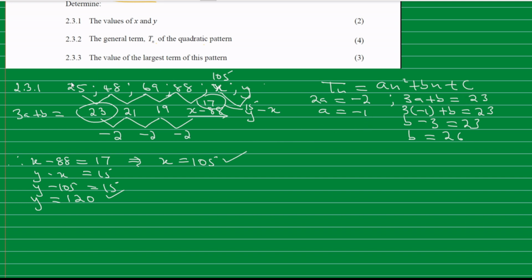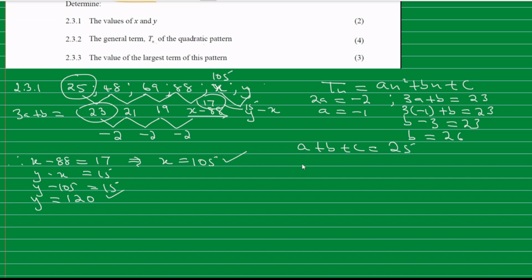For c, I go to this term here, the first term. Remember, I'm equating 3a plus b to T1 in the first difference, and I'm equating this one, a plus b plus c. So a plus b plus c is 25.